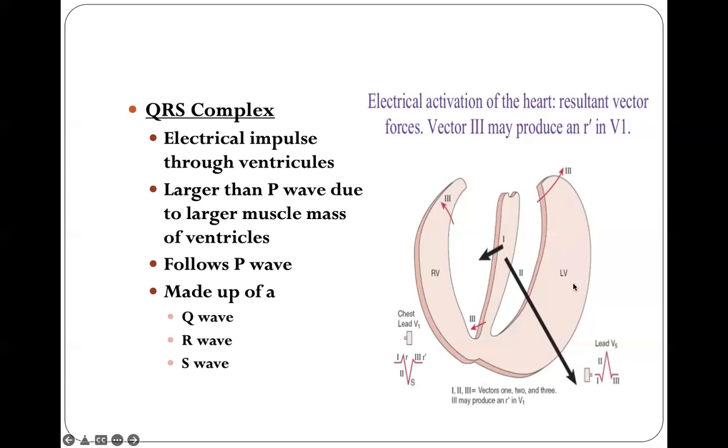And finally, depolarization goes up, producing the next negative wave, which is the S wave. So the first part of the QRS is formed by depolarization of the septum, and the other parts of QRS are formed by depolarization of the rest of the ventricle.